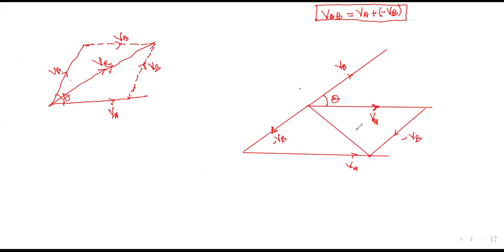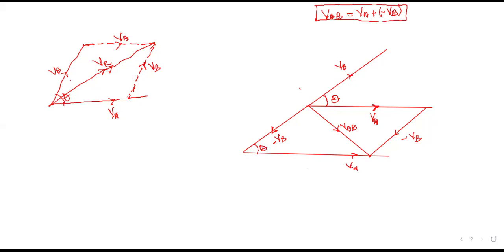We can call this the resultant because we determined it by negating VB. So this is the velocity of A with respect to B. This angle is theta, and so this angle is also theta. They correspond.